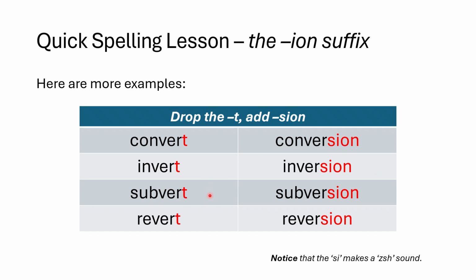The verb is subvert. The noun is subversion. The verb is revert. The noun is reversion. Notice that the SI makes a zh sound.